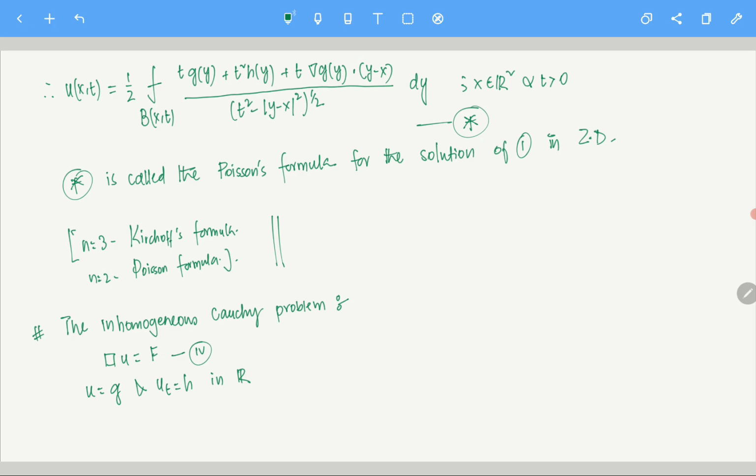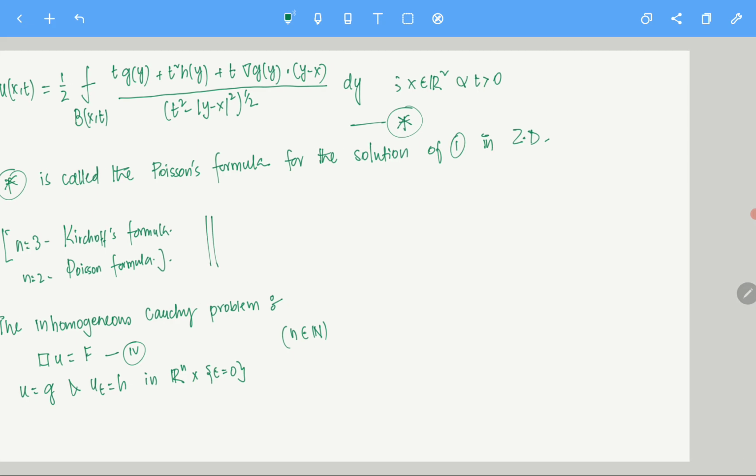So this is the problem, let's call this 4, on R^n cross t equals 0. Here n can be any number, 1, 2, 3, 4, whatever. We are assuming that we know how to solve the homogeneous problem, and from there we'll do this. This will work for anything.